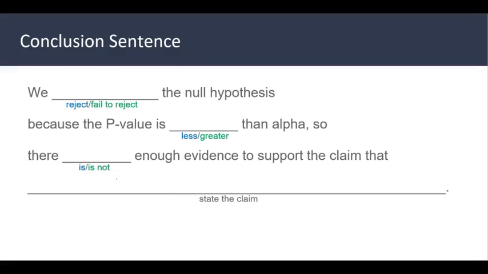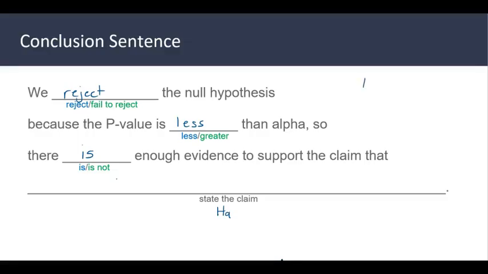That's because they all go together. So if I reject the null hypothesis, that means the p-value has to be less than alpha, and that means there is enough evidence to support the claim that, and the claim is going to be whatever our alternative hypothesis was, but we're going to write it in the context of the problem.